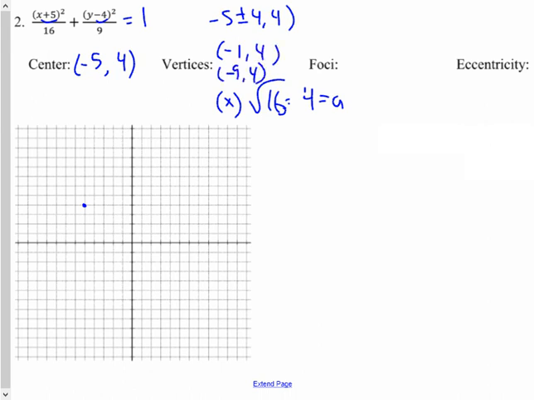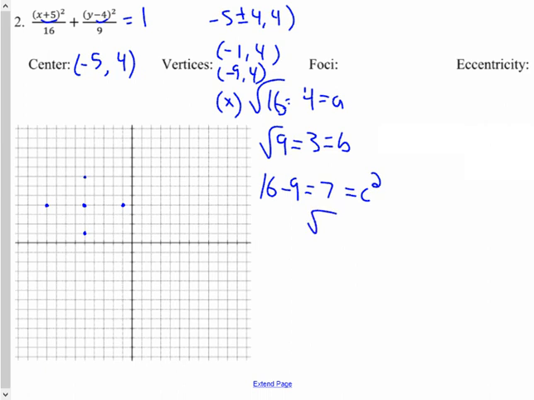Now, generally speaking, I'll graph those first. We're going 4 to the right of the center, there's one vertex, and 4 to the left of center. And then the square root of 9 in the y direction is 3. So 3 up for b, 3 down for b. And then, of course, combining those, 16 minus 9 is 7, which equals c squared.